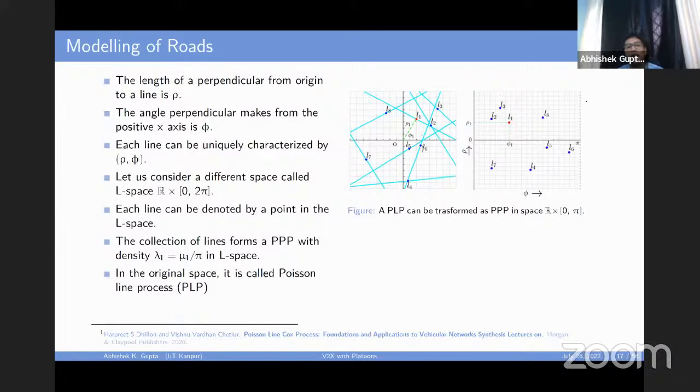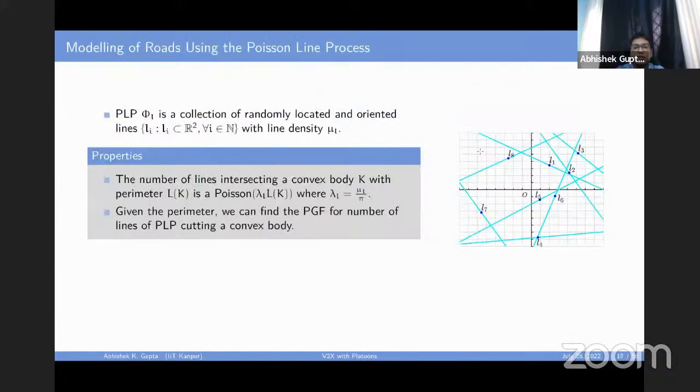If the density here is lambda L, then the density there will be lambda L into pi.